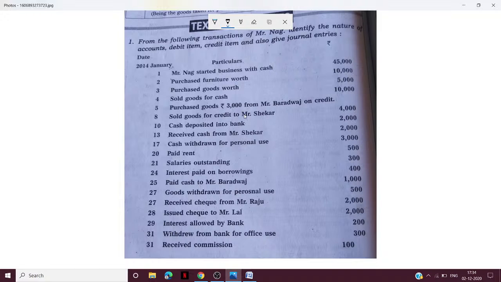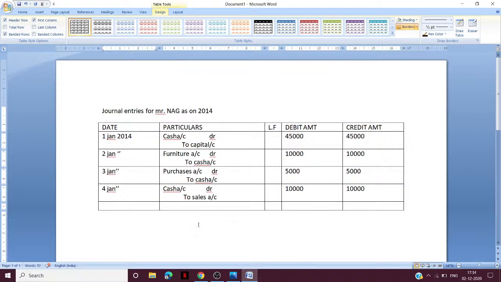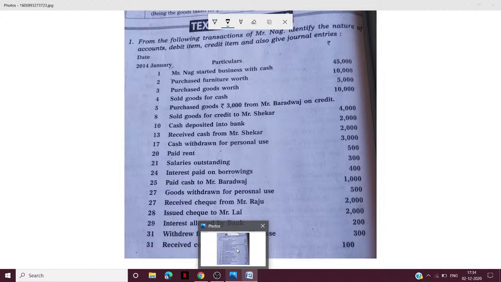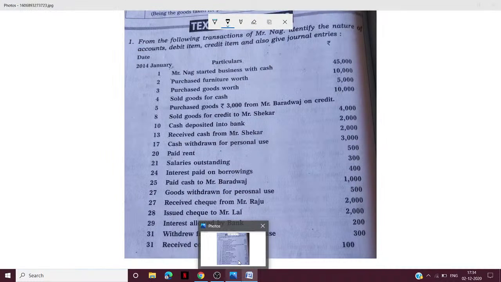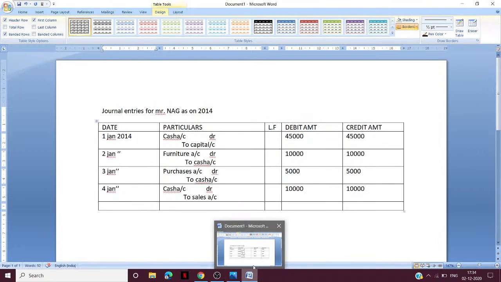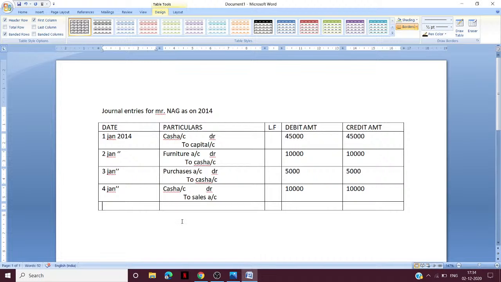So the transaction remains same. See, always purchases comes under debit. So what is the date given? 5th, 3,000, Mr. Bharatwaj. 5th Jan the transaction happened.